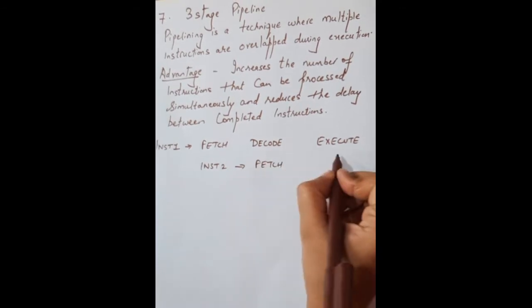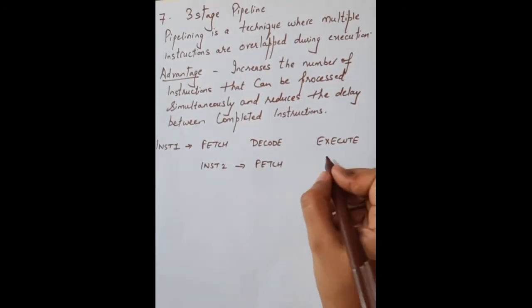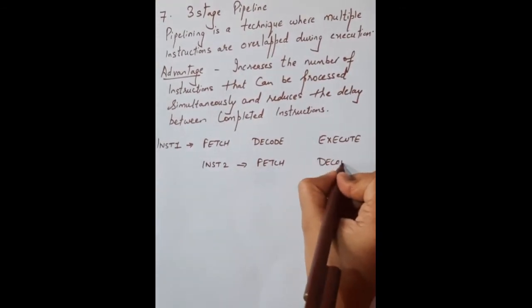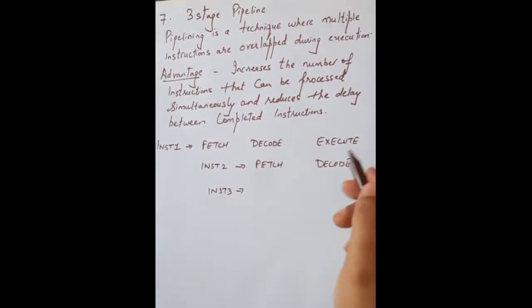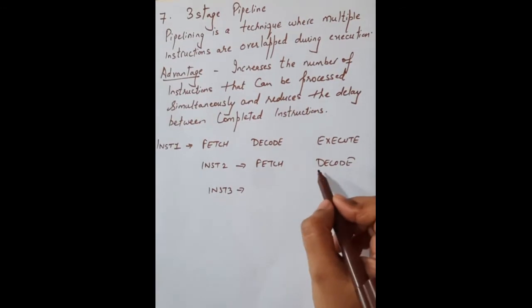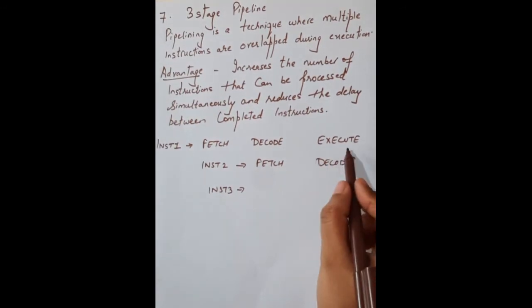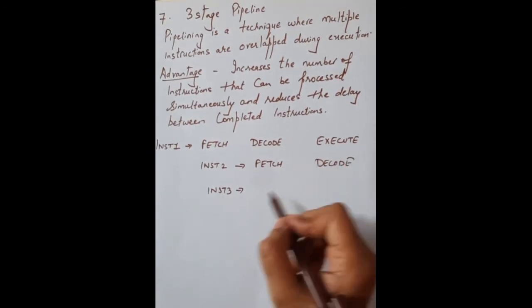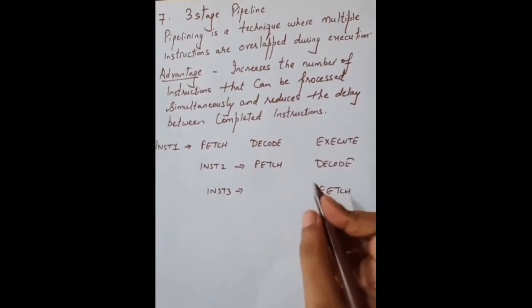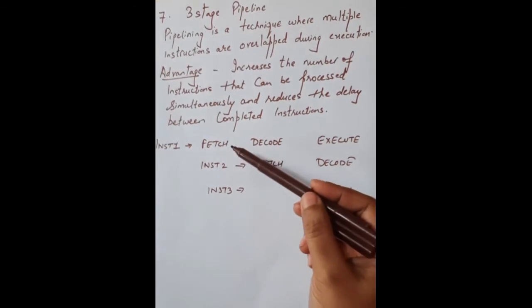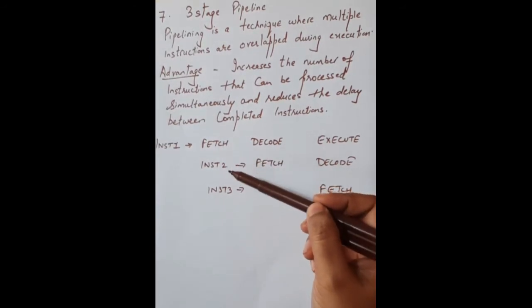During the time the first instruction is executed, the second instruction will be decoded. Similarly, for instruction 3, during the time the second instruction is decoded and the first is executed, the third instruction will be fetched. So the number of these steps are executed at the same time.